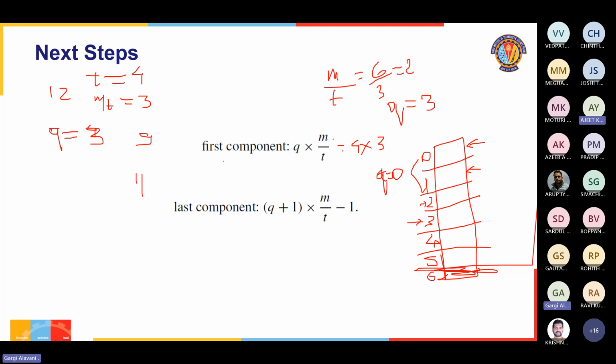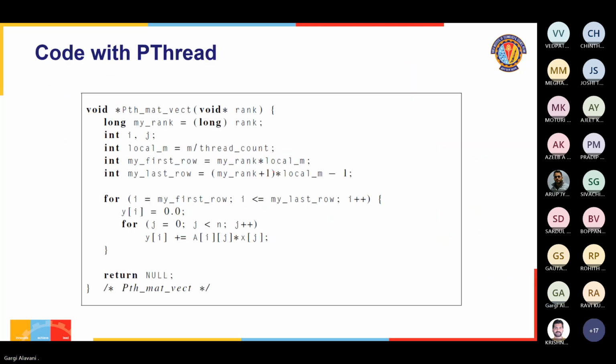Okay, got it. So you understood how the division happens? Yeah, got it. The same thing is done in the code. You calculate what should be the first row and last row of each thread, and accordingly it will do the computation for these rows for that particular thread.